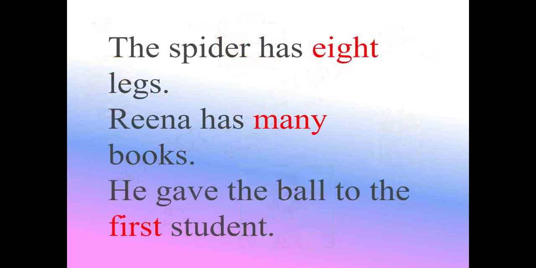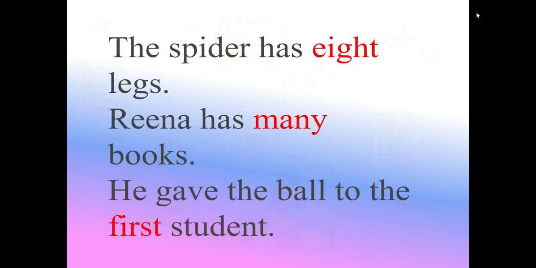Now, something important here: some adjectives are used both with countable and uncountable nouns. For example, when I say I have some books, they are countable, so the word some here is used as an adjective of number. I have some food. Food is uncountable, so that is an adjective of quantity.